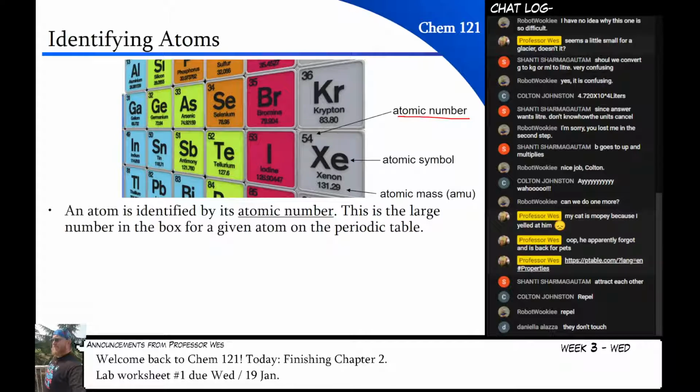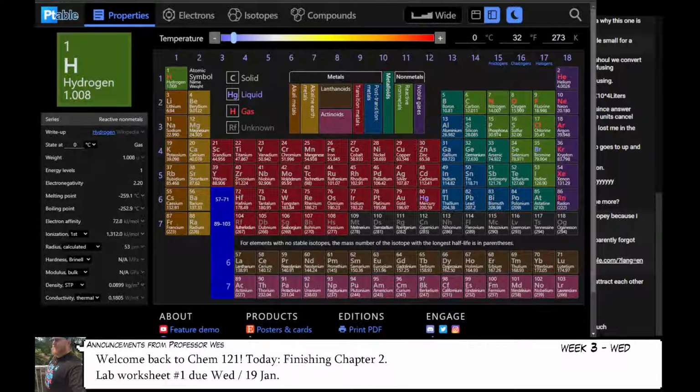So here's PTable. You can see that in the element I have selected, hydrogen, its atomic number is 1. It's the number in the top left here. Now, if I pick something else, so here's rhodium. Rhodium's atomic number is 45. Arsenic's is 33. Potassium is 19, and so on and so forth. Everything has an atomic number.